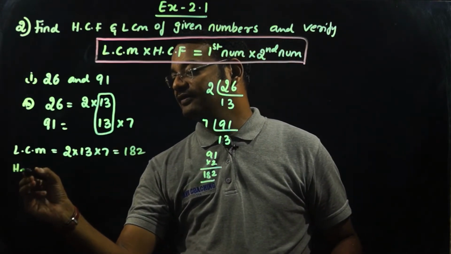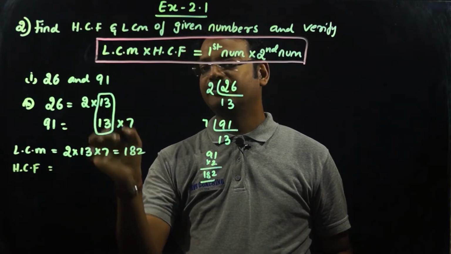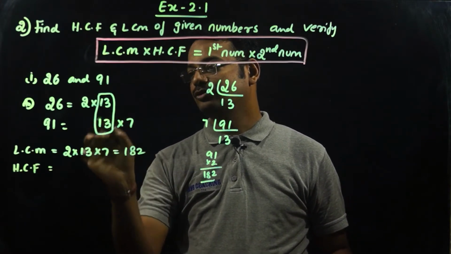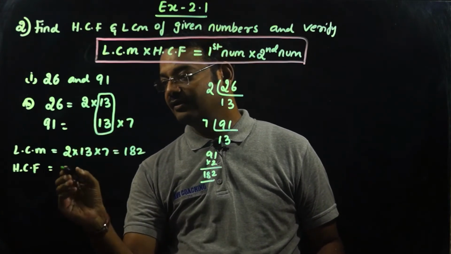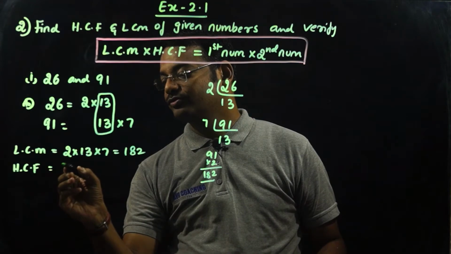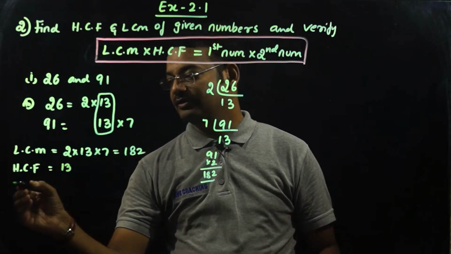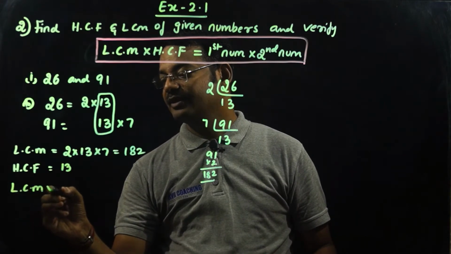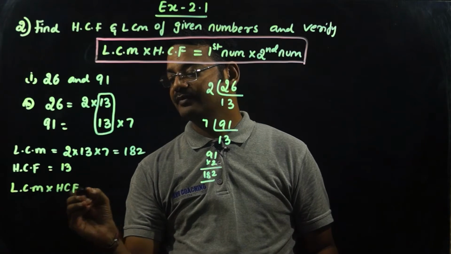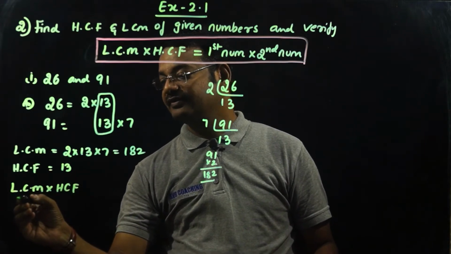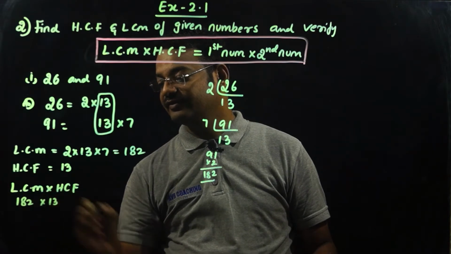Now HCF is only the number which is repeating in the two numbers, that is 13. 13 is the only common factor of 26 and 91. So 13 is the HCF. Now if you want to verify the formula, that is LCM into HCF. LCM is 182, HCF is 13.